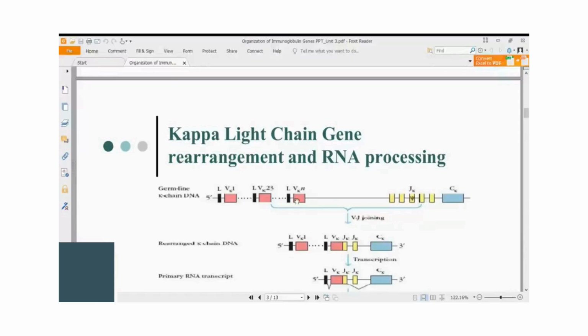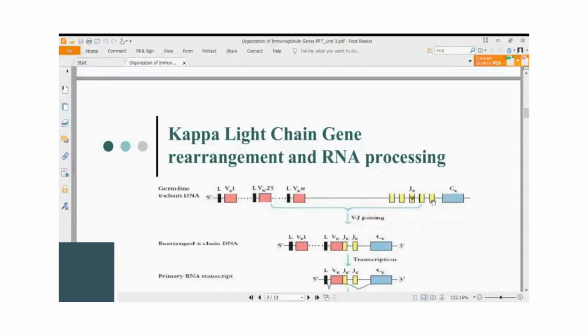So that in-between segments are now lost. So the joining takes place in such a way that VK23 has joined the 4th joining segment.